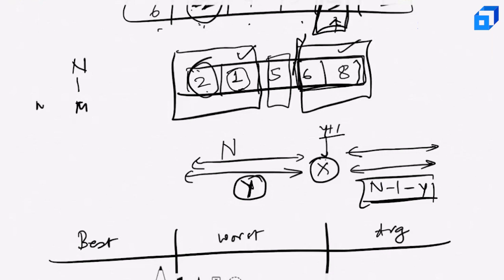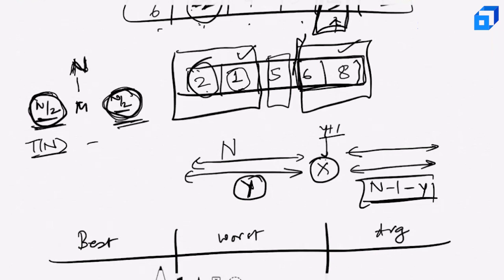And then you'll have an n by 2 size array here, and an n by 2 size array here. You'll need to sort these separately. So what happens is exactly like merge sort. You start with an array of size n. This reduces to sorting an array of size n by 2 twice, one on the left side, one on the right side. That becomes, basically, the time to sort an array of size n is 2 times T(n/2) plus order of n for merging.